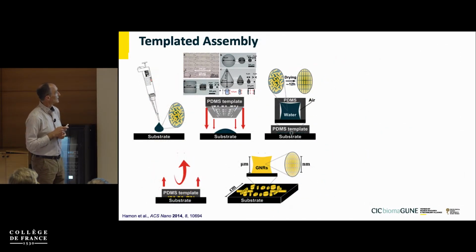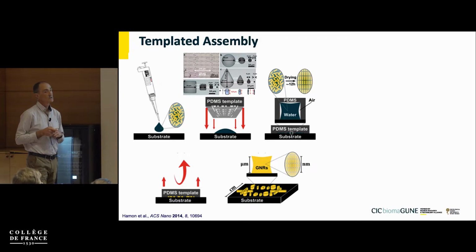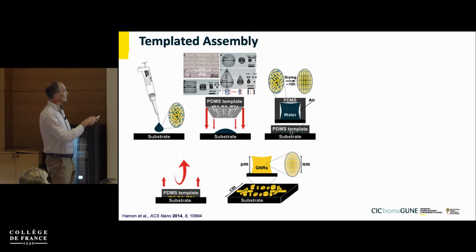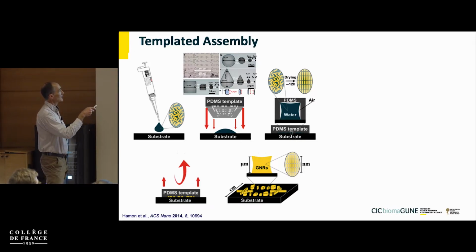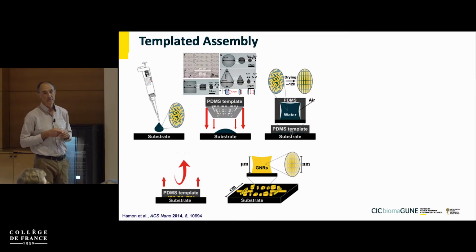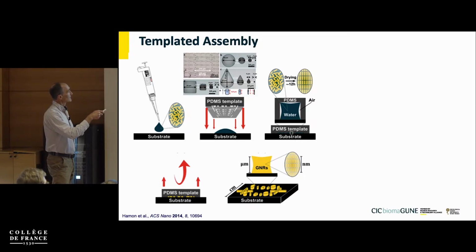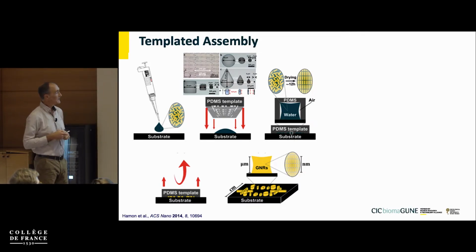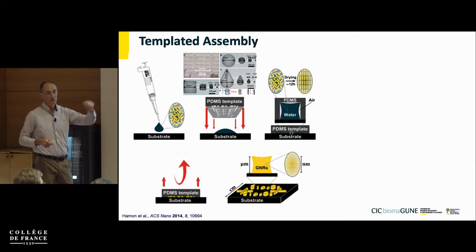And so we decided to use this sort of combined top-down and bottom-up approach, where by lithography we could obtain these PDMS templates with rather big holes, I would say, micron size, and then basically use them as a template to guide the organization of nanorods inside of each of these cavities, and then let the solvent gradually evaporate and obtain the multi-layers upon removal of the PDMS template.